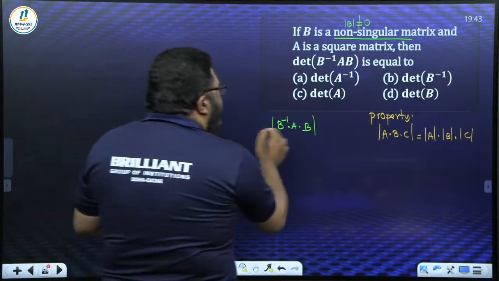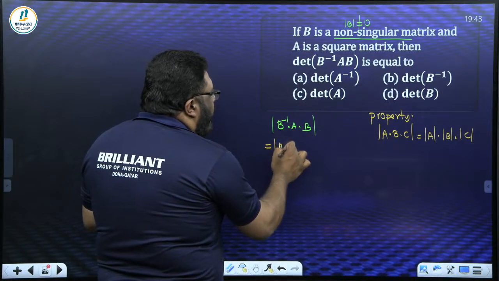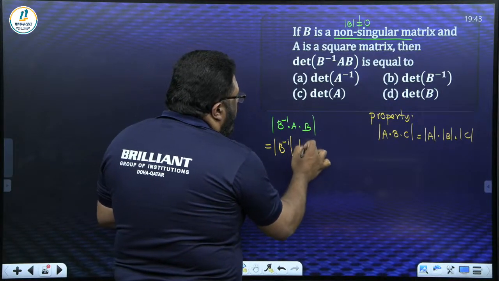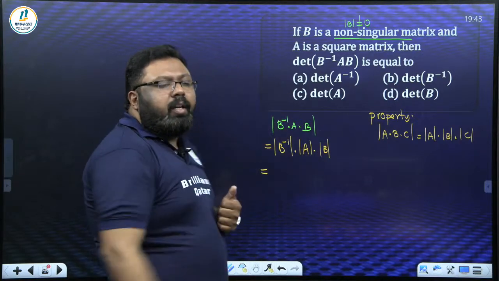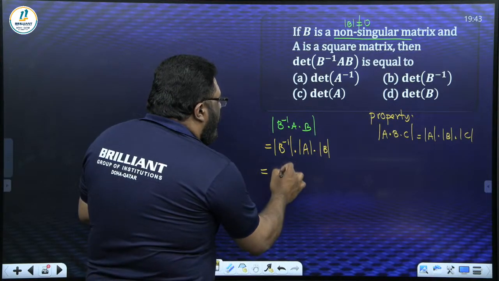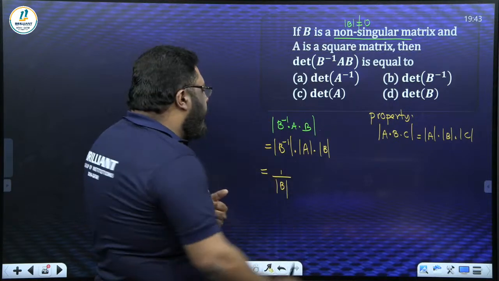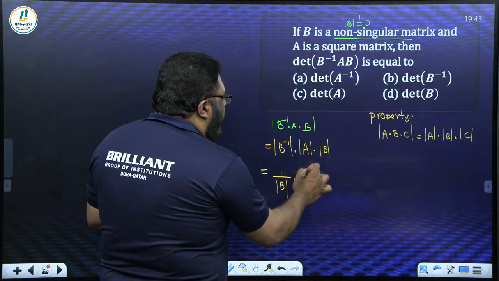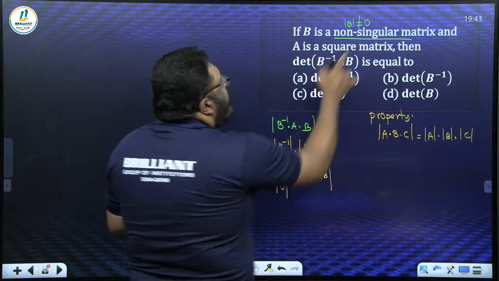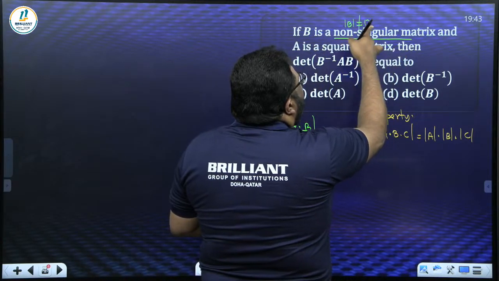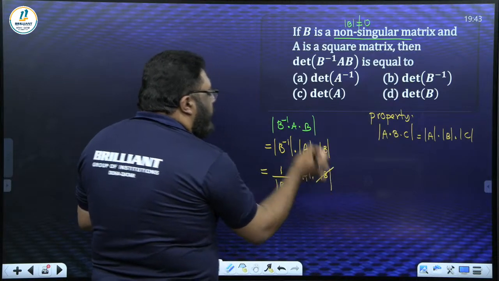So now, what is the determinant of B inverse AB? So can I write it as determinant of B inverse into determinant of A into determinant of B? What's the determinant of B inverse? We just now saw that property before. 1 by determinant B, determinant A, determinant B, and because B is non-singular, determinant of B is not 0, it's a non-zero number, so I can cancel these two.